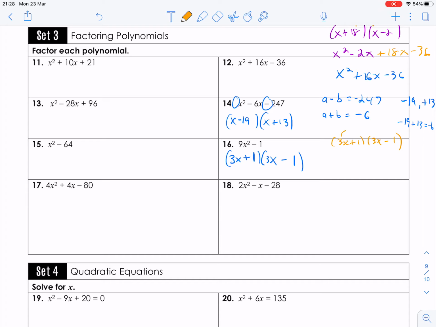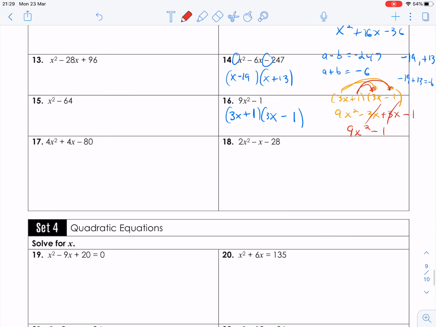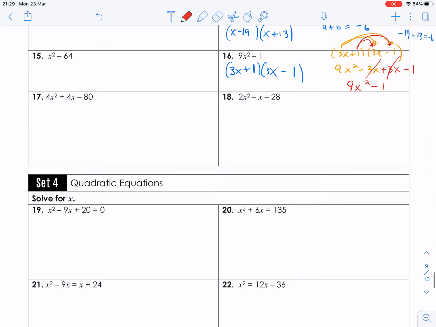So let's try this. That gives us 9x squared minus 3x. And then we get this guy, plus 3x minus 1. Cancel, cancel. 9x squared minus 1. We did it. Okay, 18 gets a little bit trickier, so here we go.